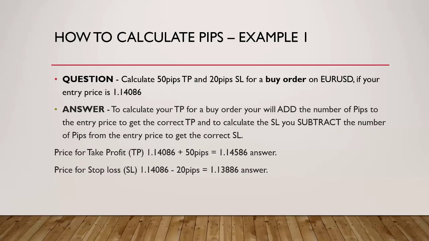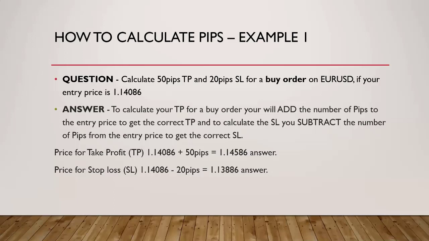Put it below this 1.14086 and add. If you add it, you are going to get 1.1458. I think I'm correct. Yeah, 1.1458, as you can see on this answer here. That becomes your take profit.